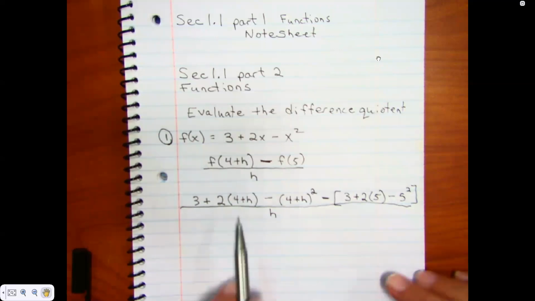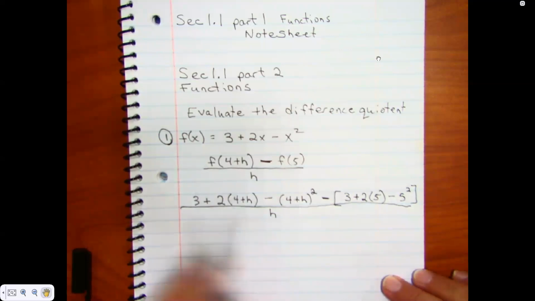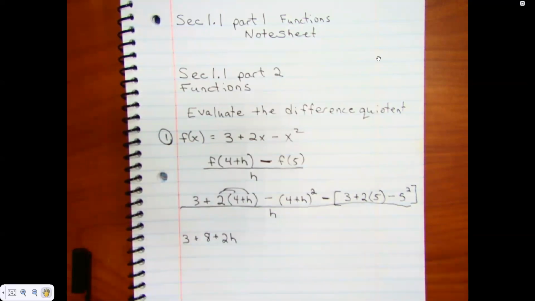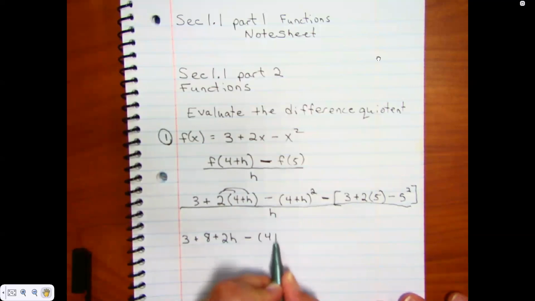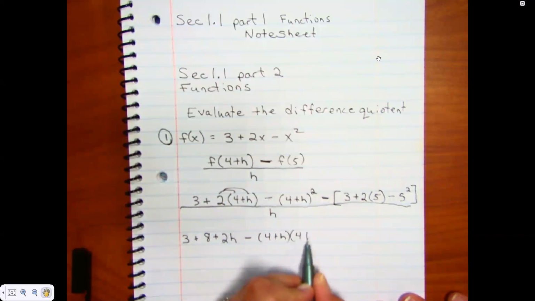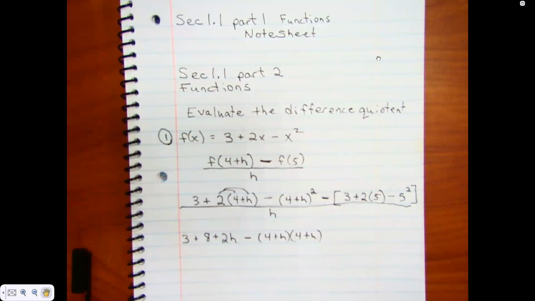Now it's algebra. So we're going to distribute the 2. So we still have the 3 plus. Let's distribute the 2. So 8 plus 2h. This next part is going to take a lot of work. Okay. So the first thing I'm going to do is minus, that's this guy, and then I'm going to write this out twice. Not only do I have to FOIL, but I have to distribute that negative as well.